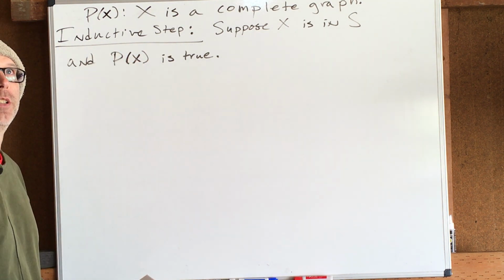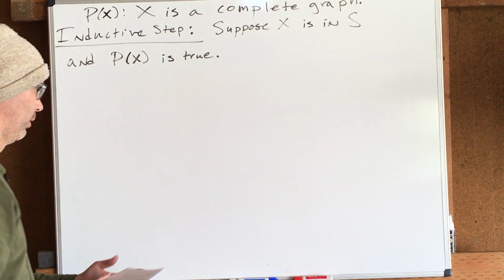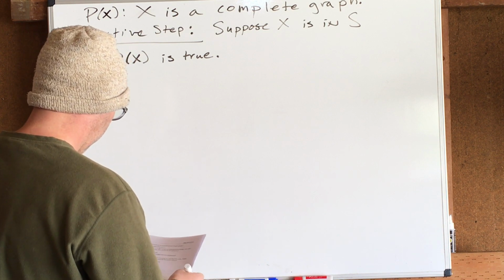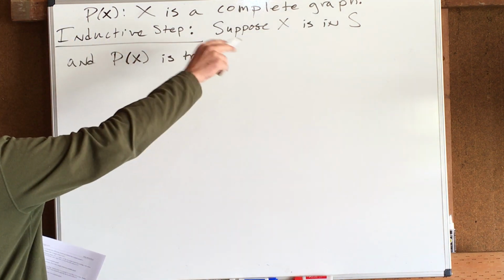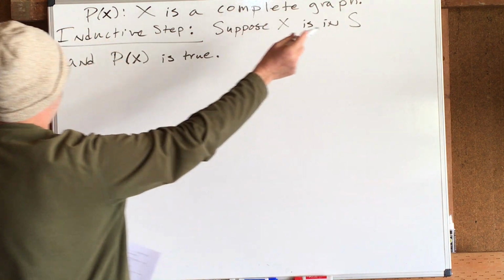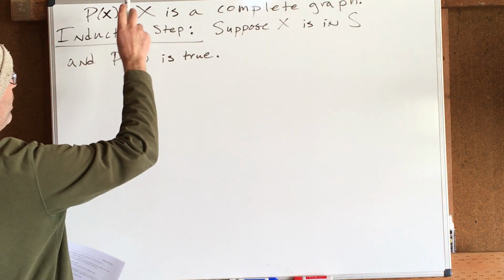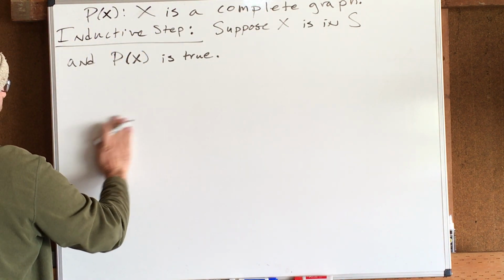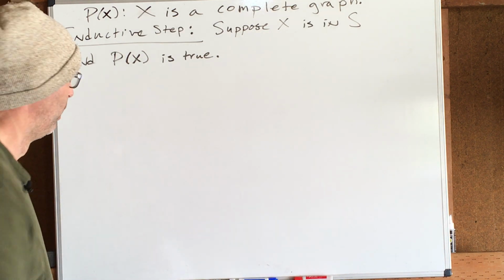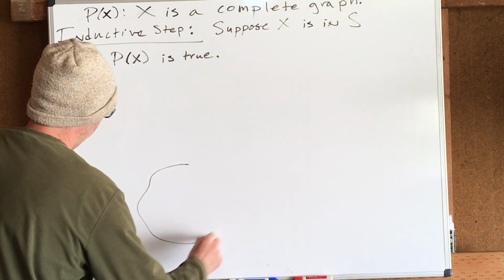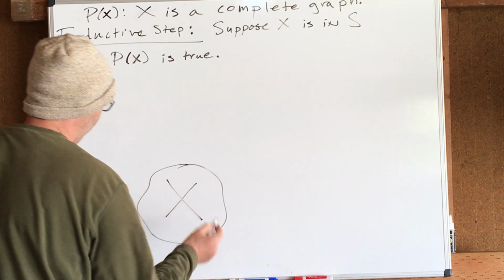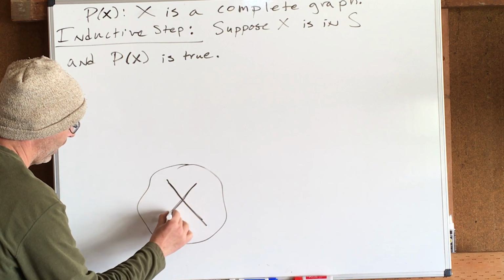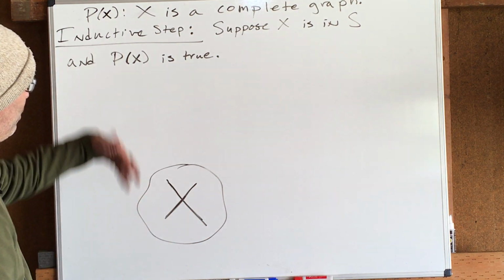It's a little windy in my garage. This is our inductive assumption, that P of x is true, that x is a complete graph. And now we're going to suppose that y was created from x using the recursive rule. Let's think about how that works. Let's say x is actually a complete graph. We're assuming that.